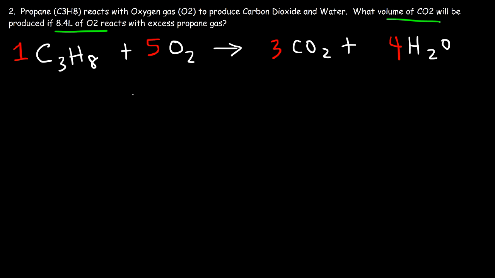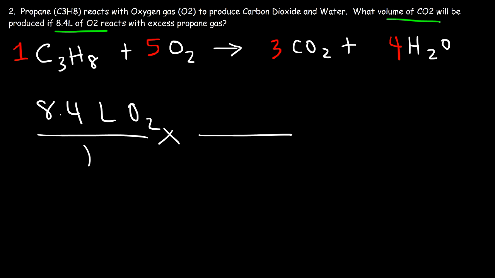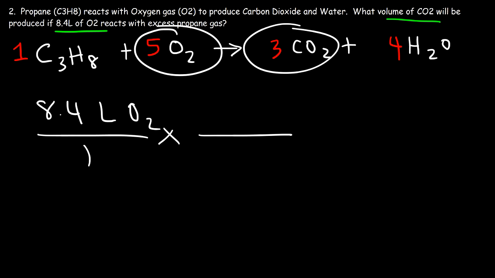Now for gases, you can do a liter to liter conversion the same way as you would do a mole to mole conversion. So we have 8.4 liters of O2. Now the molar ratio between O2 and CO2 is 5:3. So for every 5 moles of O2 that reacts, 3 moles of CO2 will be produced.